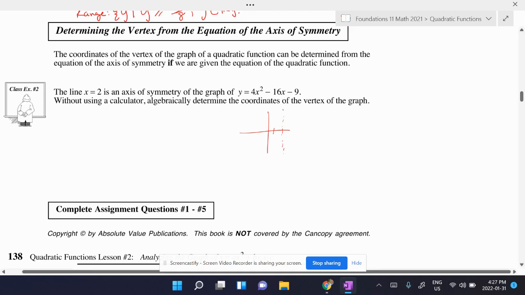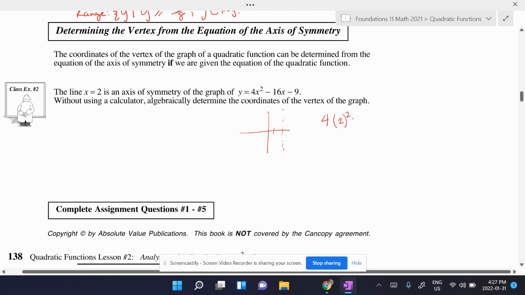Without using a calculator, algebraically determine the coordinates of the vertex of the graph. So we know that the vertex has to be on that line.